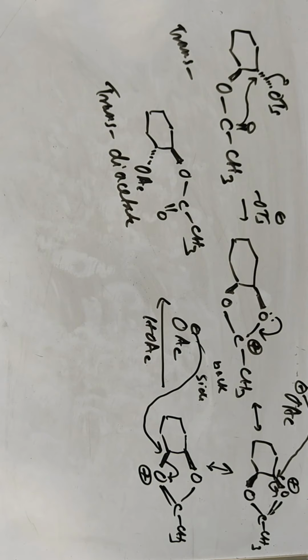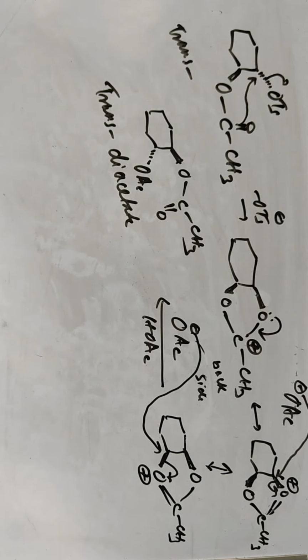When they undergo acetolysis or solvolysis with acetic acid, trans will give trans diacetate, and cis will give trans diacetate also. So in the case of trans giving the trans product, retention of configuration takes place, but in the case of the cis isomer giving trans diacetate, inversion of configuration takes place.